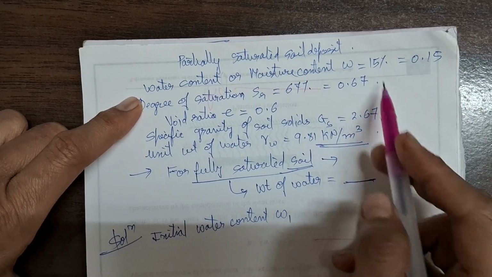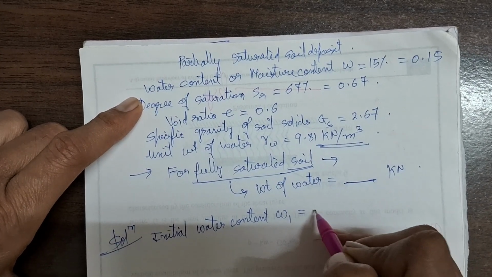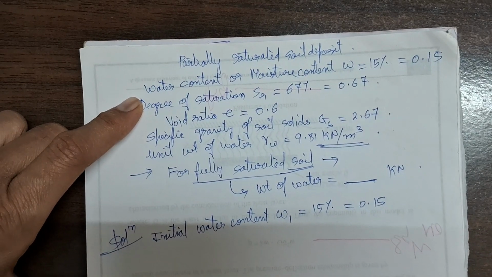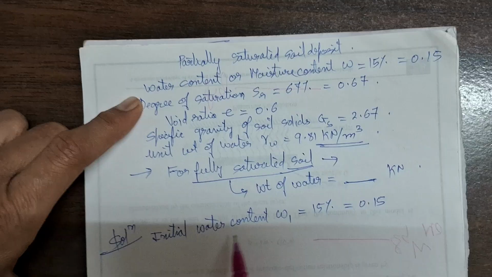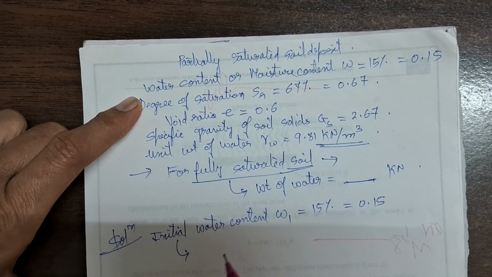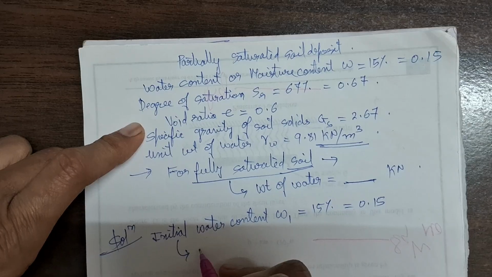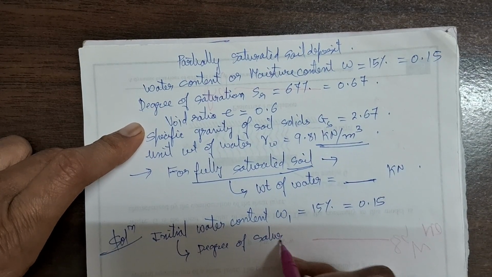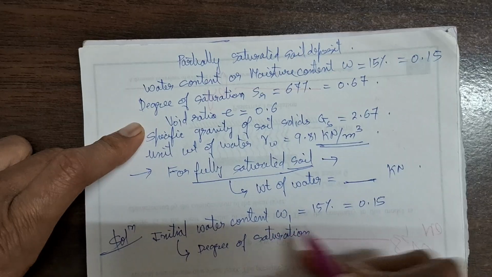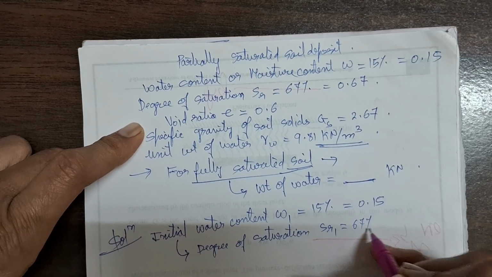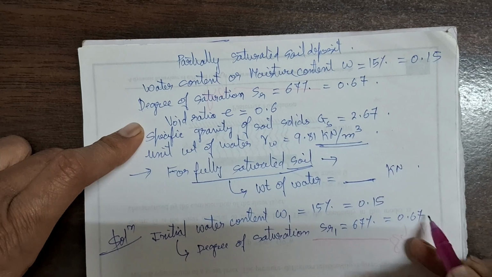So the initial water content is 15%, obviously 0.15. For this initial water content, our respective degree of saturation, can I term it as Sr1? So it is 67%, means basically 0.67.